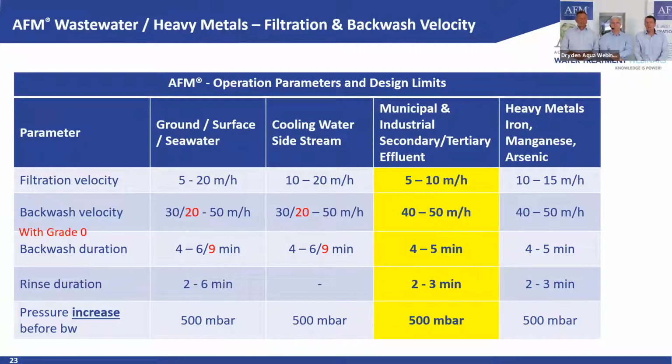The next one is backwash duration, also very important. So backwash duration and backwash velocity. For wastewater, we recommend 4 to 5 minutes. Why this? Because you see this is cross-linked to this. Exactly. Let's take a simple example. Let's imagine you have 60 meters per hour of backwash velocity.